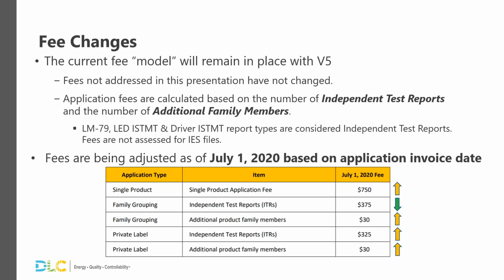We understand that there are going to be additional tests that are going to be required in applications, especially for 5.1, and we've adjusted these fees to account for any additional tests and any additional review that is going to be incurred by these additional requirements. Next slide.